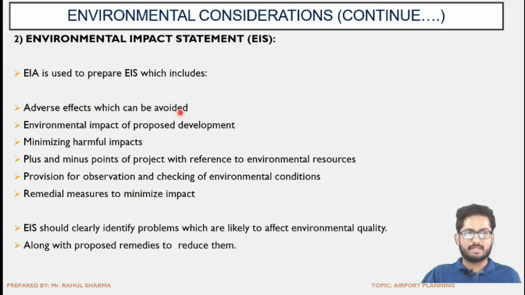As we gave an example in the previous slide, if there is an adverse effect on the wildlife or on the water body, then how it can be avoided is shown. Environmental impact of the proposed development, minimizing the harmful impact, that is what sort of impact it is creating which is hazardous to the existing wildlife, and how it can be reduced.